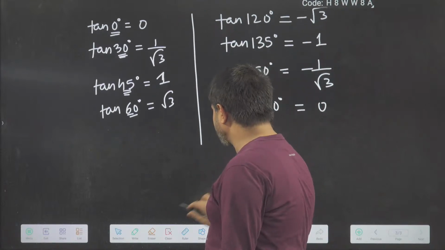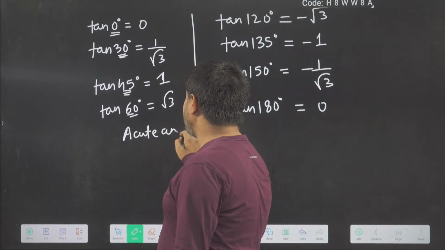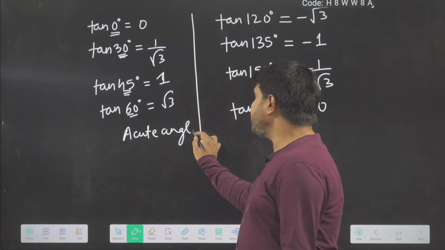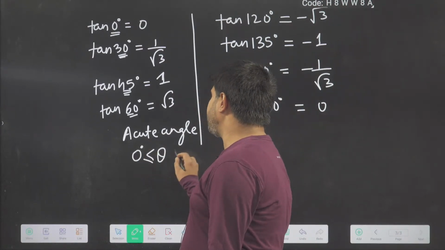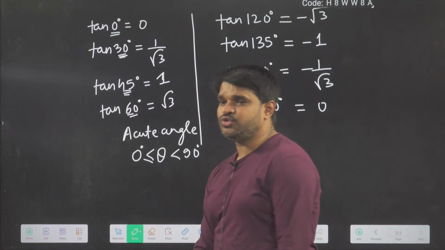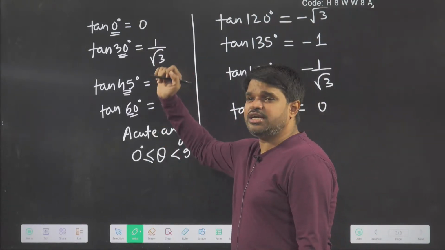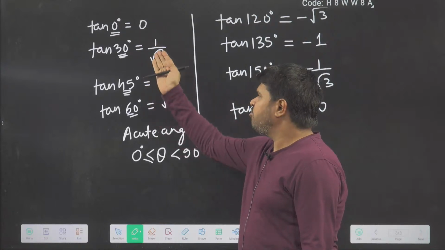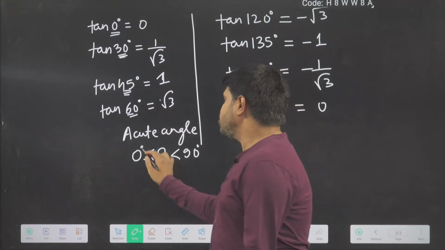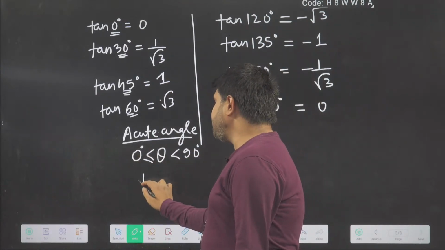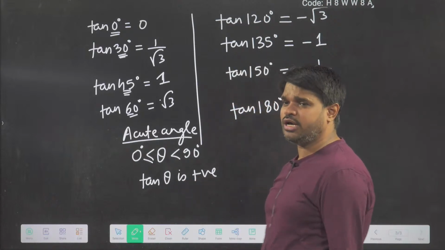If the angle is acute, meaning it is more than or equal to 0 degree but less than 90 degree, then if you see all the results, every result is 0 or positive. 1 by root 3, 1, root 3, all the results are positive. So when the angle is acute, tan theta is positive.